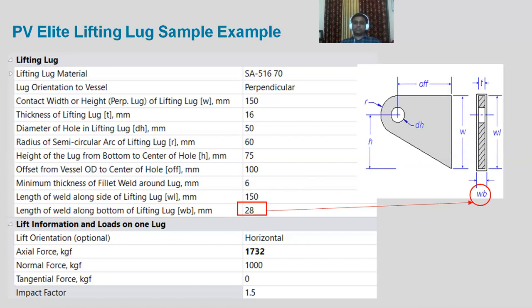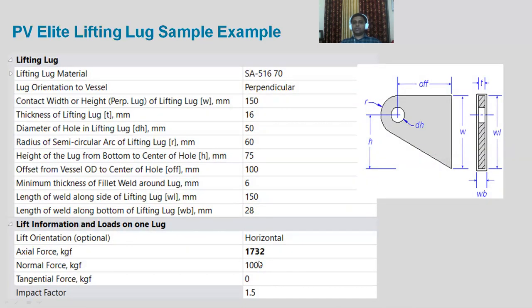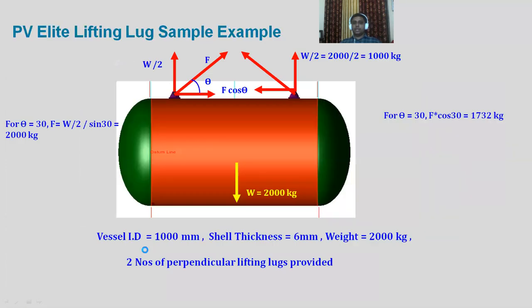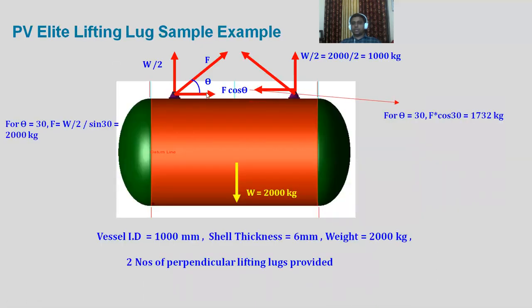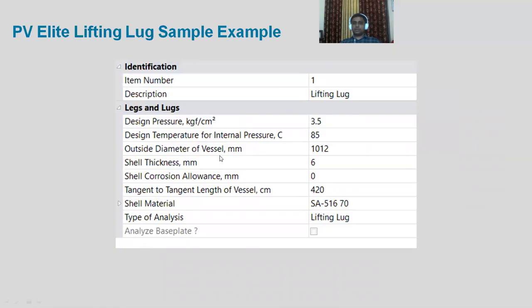Now let's say our equipment is horizontal, and these are the forces we have to mention over here. If you remember, the axial force we have calculated, what was its value? Axial force is nothing but the force along the axis, which is F cos theta, which had a value of 1732. The same value we have put in, and the other was the normal force, which has a value of 1000.